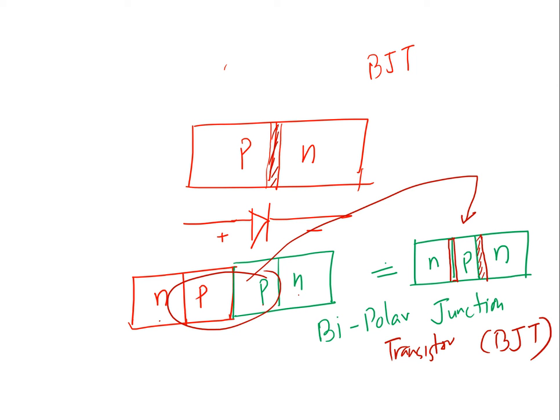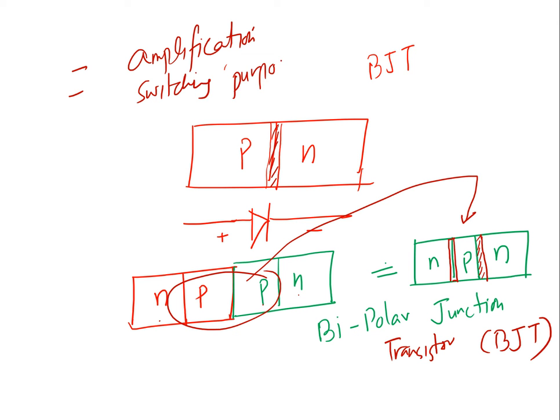BJT has a lot of applications in electronics. The most common applications are amplification, linear amplification, and switching purposes. It is also used in impedance matching circuits.